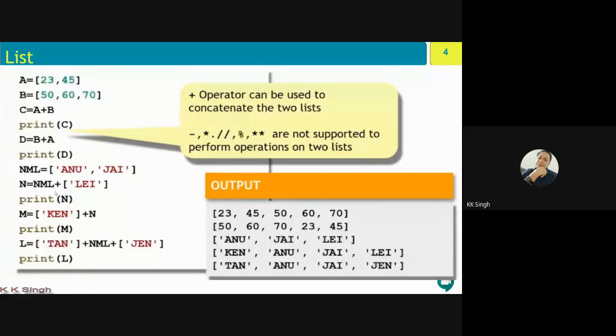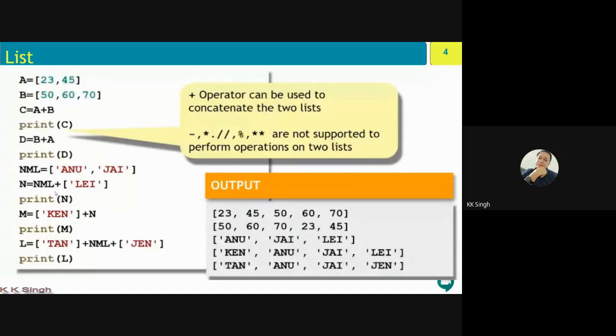Like if you say C equals A plus B, what does A plus B mean? You are going to add 23 to 50, 45 to 60, and maybe null to 70. So like tuples, it is also not possible to add the values of the list on corresponding indexes.